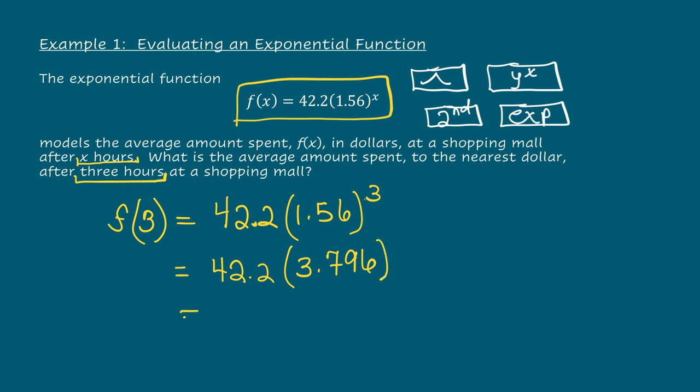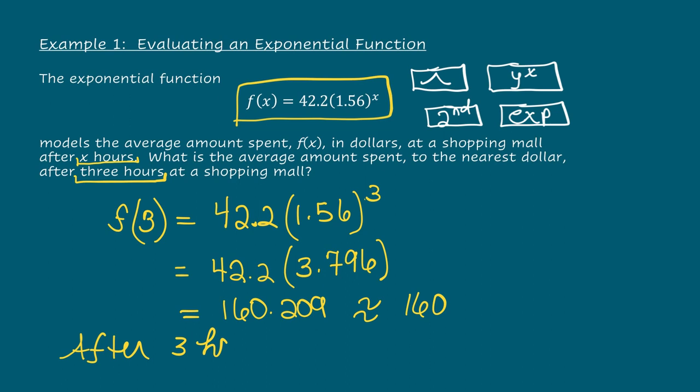When we multiply these two values together, you get approximately 160.209, which is approximately 160. So after 3 hours of shopping, the average amount spent is approximately $160.